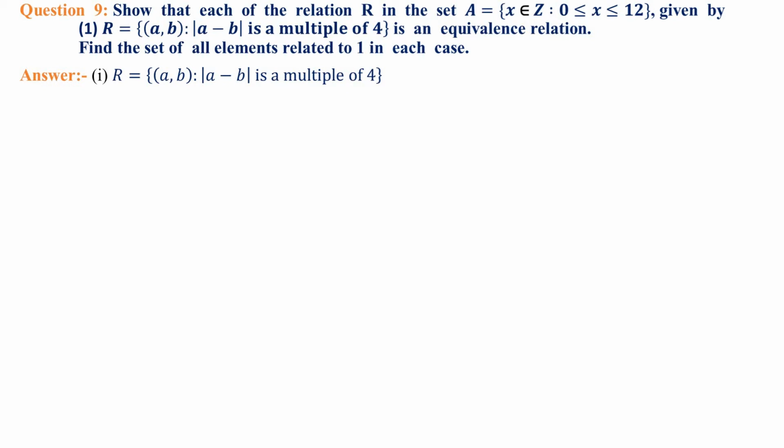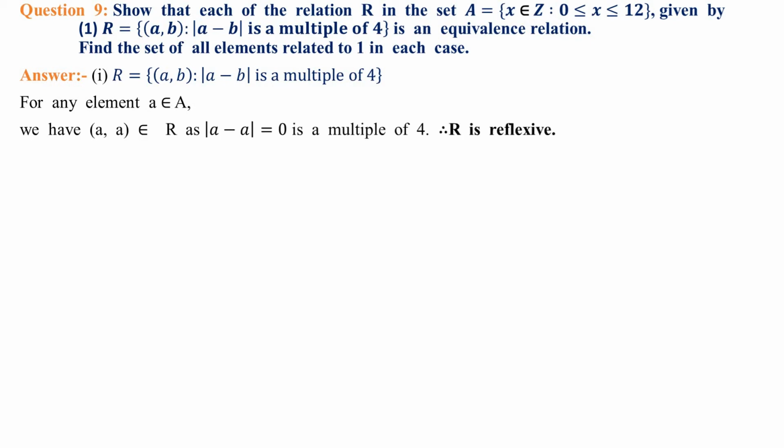Here the set A is 0, 1, 2, 3, 4, 5, 6, 7 and so on up to 12. First check the reflexive property: for any a belongs to A, (a, a) belongs to R because modulus of a minus a is 0, and 0 is always a multiple of 4. So therefore R is a reflexive relation.